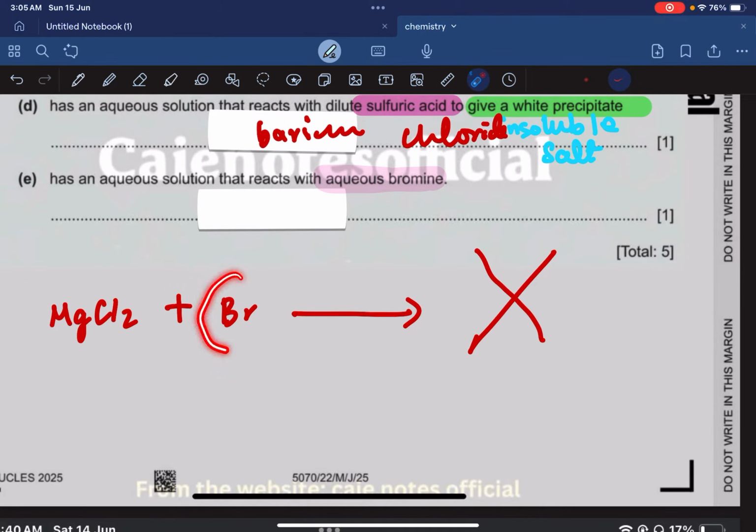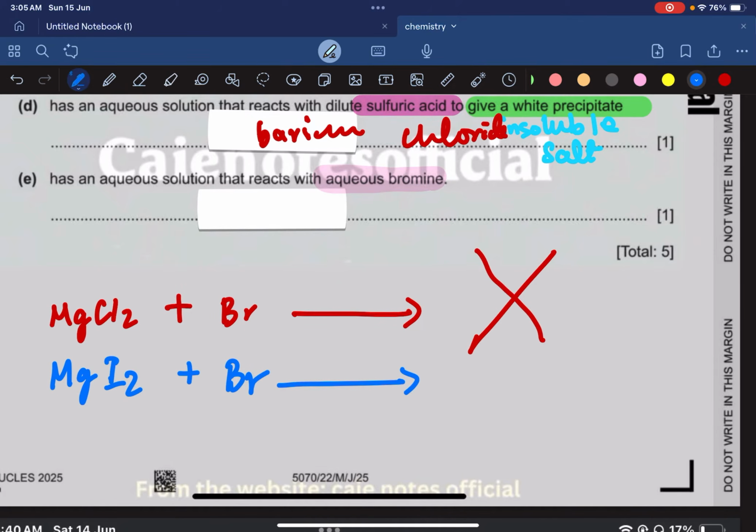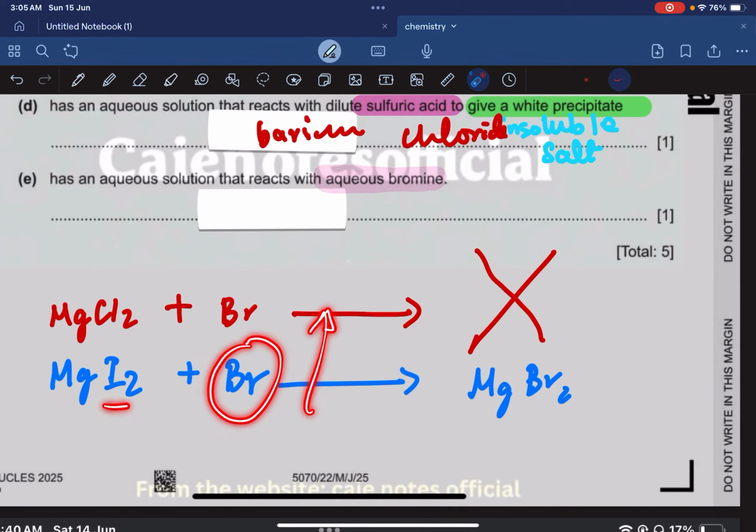Because bromine is less reactive than chlorine, so it cannot displace chlorine from its solution. But if I make bromine react with a less reactive halogen, for instance iodine, for example magnesium iodide, MgI2, and I make it react with bromine, this reaction is for sure going to take place and it's going to form magnesium bromide. Why? Because bromine is more reactive than iodine, so it can displace it.